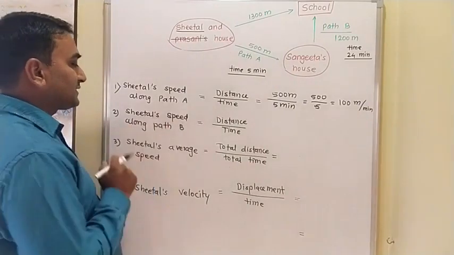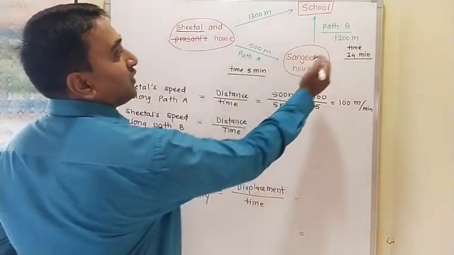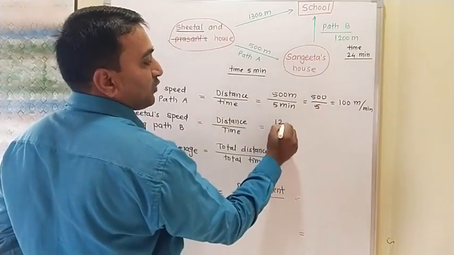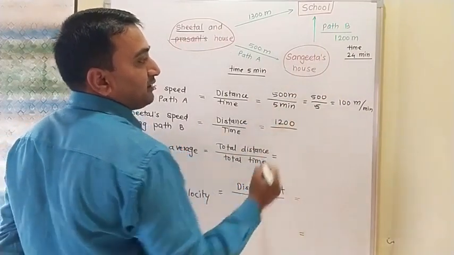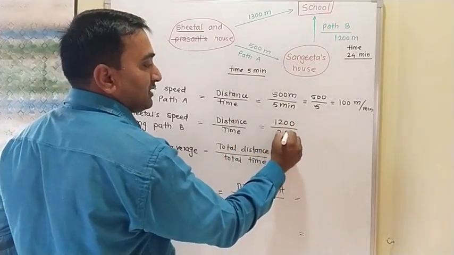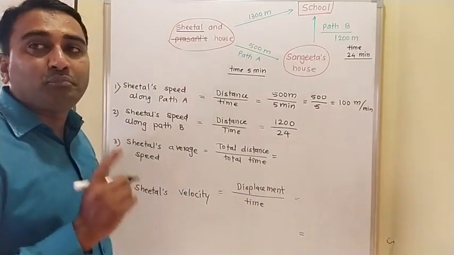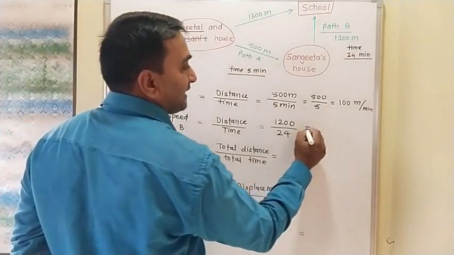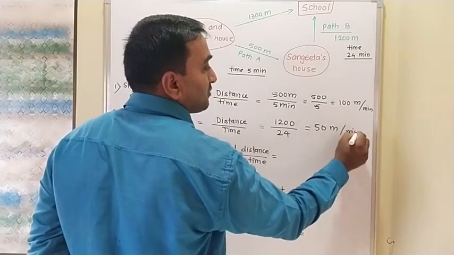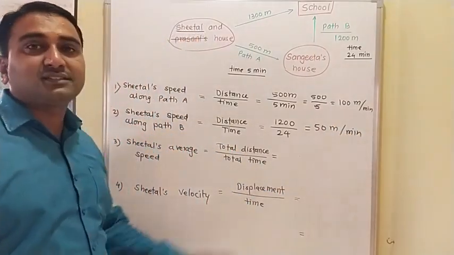Now Sheetal's speed along path B. Here is path B. What is the total distance here? Total distance is 1200 meters. And what time did she take to cover this journey? That is 24 minutes. So here we are getting 50 meters per minute. So it is a speed.